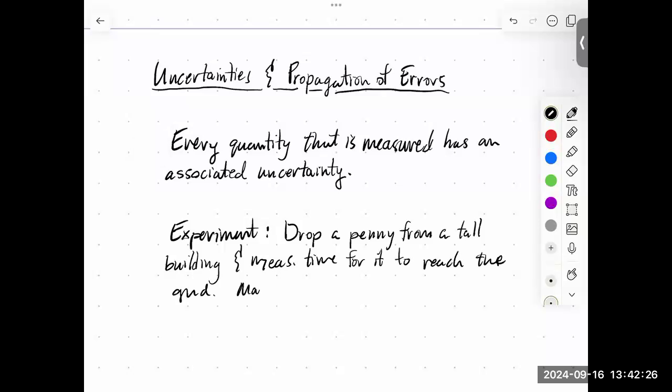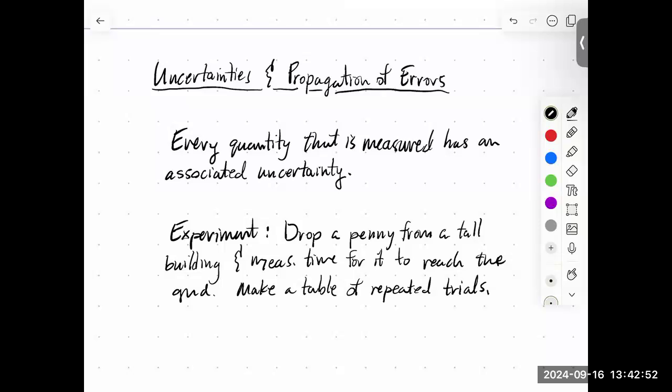So we're going to make a table of repeated trials. If you were actually to do this, maybe you're at the top of the building and your friend's down on the ground, you're talking on your cell phones, and you say, okay, I'm gonna go 3, 2, 1, and when I say 0, I'm gonna release the penny.